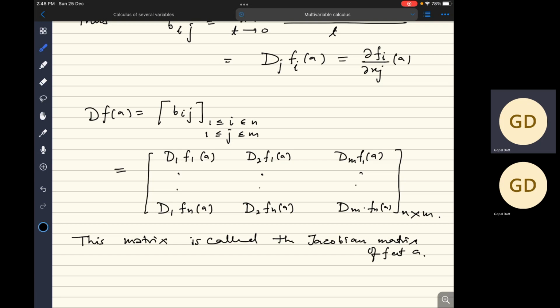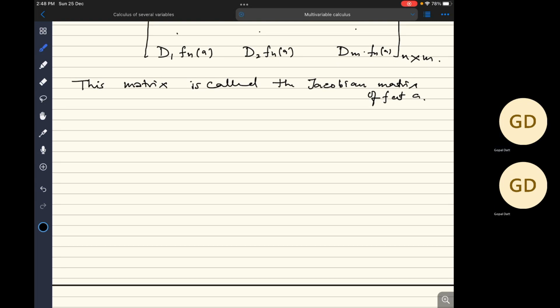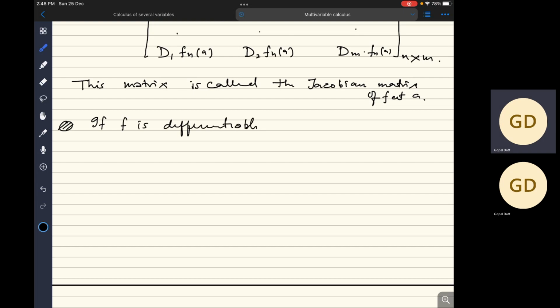So therefore, what we have seen is, if f is differentiable, then Df(a) is the Jacobian matrix. Okay? So remark: if f is differentiable at a, or differentiable, then Df(a) is the Jacobian matrix.